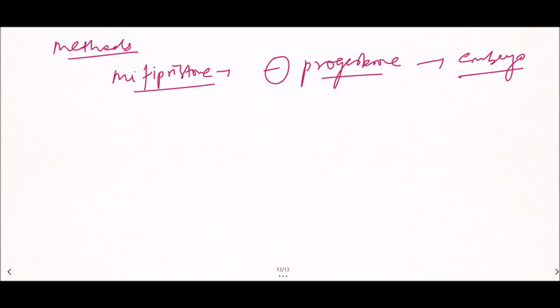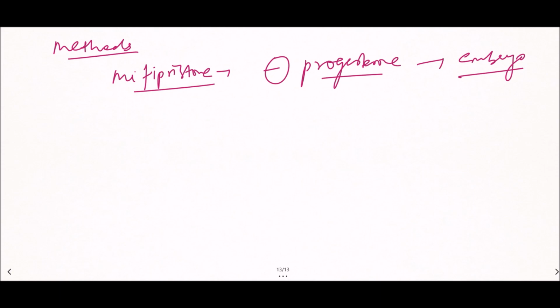It is the drug which inhibits progesterone, and so it causes the breakdown of the endometrium and thus detachment of the embryo from the uterine wall.